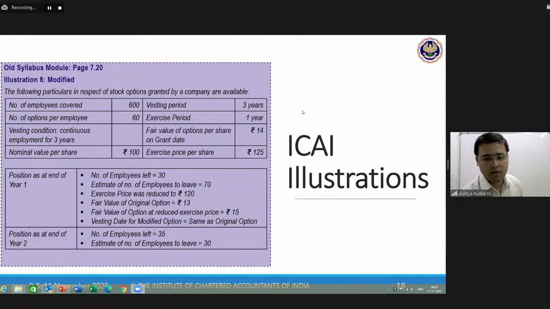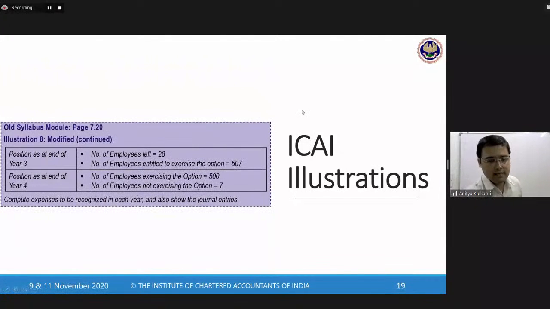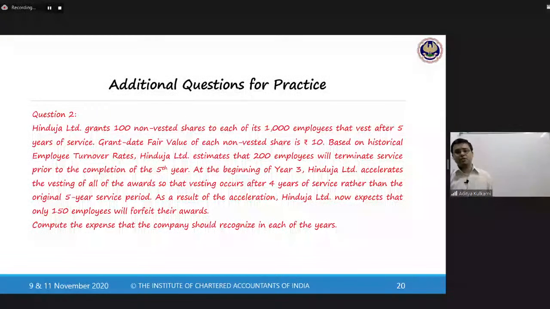So let us come to the next part, that is, question number 2. Hinduja Limited grants 100 non-vested shares to each of its 1,000 employees that vest after 5 years of service. So initially 5 years of service. Grant date fair value of each non-vested share is 10.